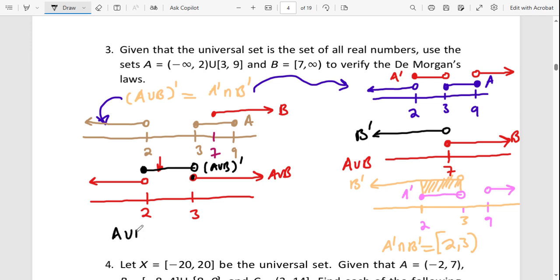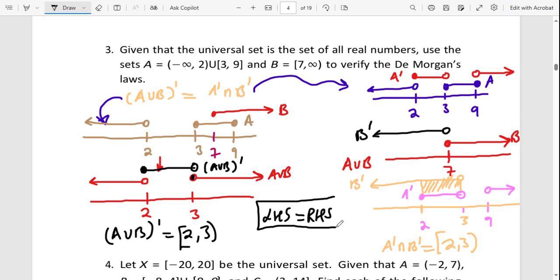Therefore A union B complement, we can see it's from 2 to 3. 3 is open, 2 is closed. And you can see that these are equal, so left hand side is equal to right hand side, hence verified. Is that okay?